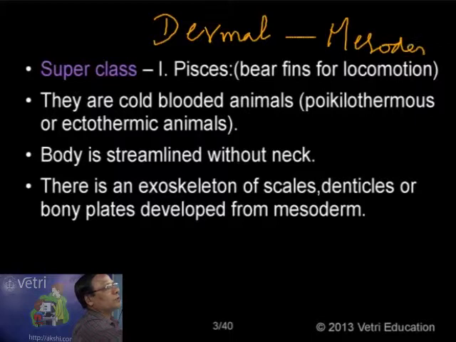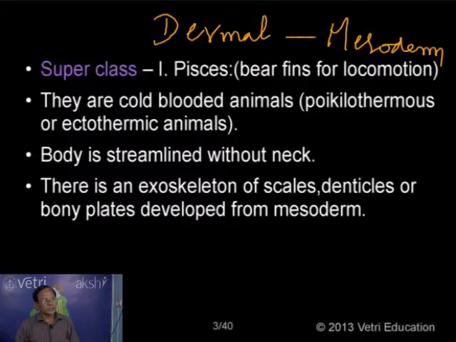In the skin we have two distinct regions: the upper epidermis and the lower dermis. The epidermis develops from the ectoderm, whereas the dermis develops from the mesoderm. So in fishes, the scales are dermal in origin, derived from mesoderm.